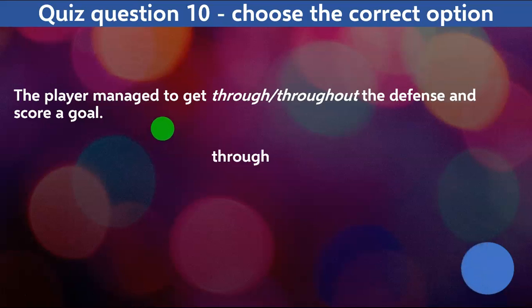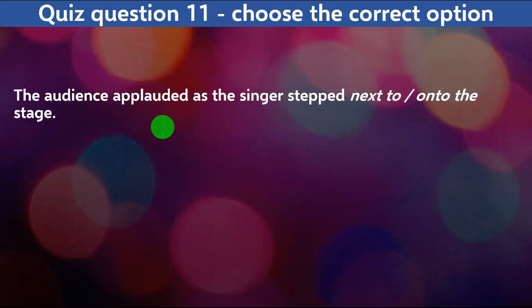Correct answer, the player managed to get through the defense, right? Number 11 coming up. The audience applauded as the singer stepped next to or onto the stage. Correct answer, onto the stage.